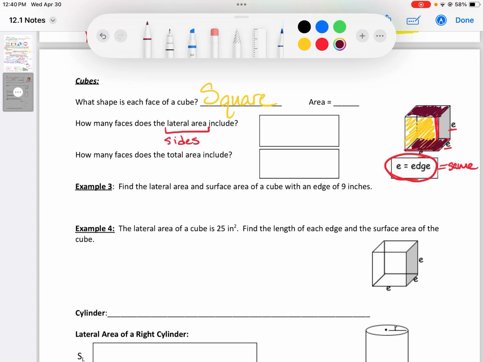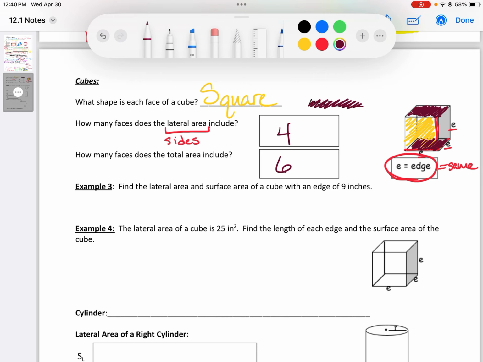So think about it like a dice. If you have 1 through 6 on a dice and you take away the top and the bottom, you're only left with 4 sides. And then how many faces does the total area include? It includes 6. And then don't worry about this up here.